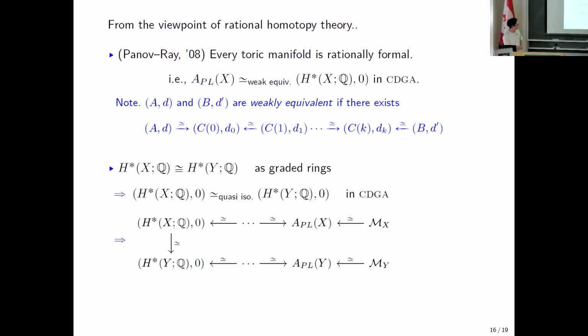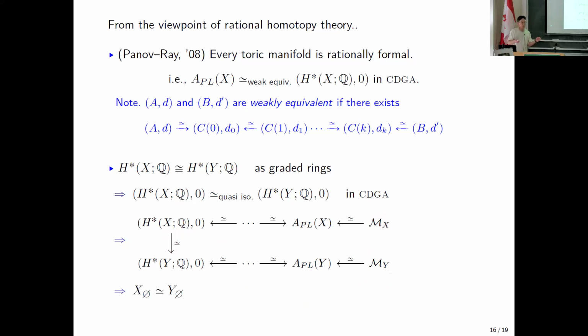Then you can think of the APL model and the minimal model, and because these two are isomorphic, the minimal models have to be isomorphic in CDGA. So their rational homotopy type is determined by the rational cohomology ring, right? So rationally, for the case of smooth toric varieties, there is nothing to do for this rigidity conjecture.